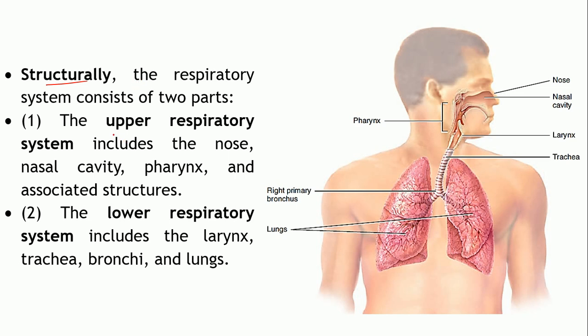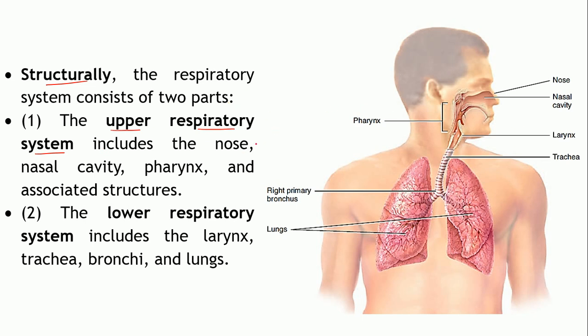It can be divided into two parts, just like in the digestive system we have seen the gastrointestinal tract which forms a tube-like structure, and the accessory organs. Similarly here, structurally these parts can be divided into the upper respiratory system. Upper means what? Present towards the superior side, in the upper regions.